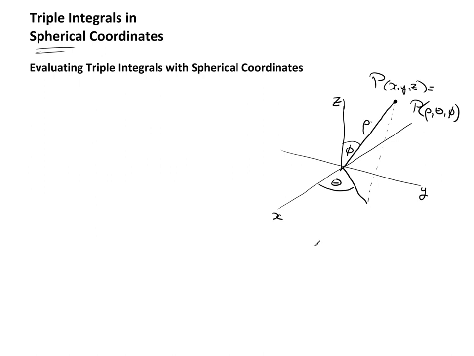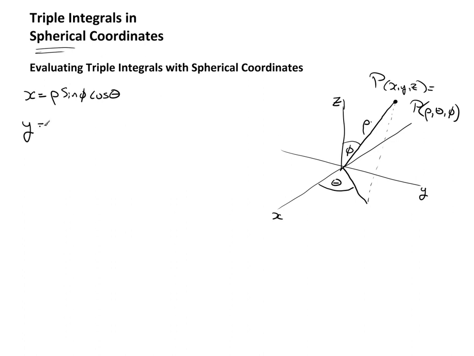Now, in terms of translating from rectangular to spherical coordinates, x, y, and z will now be: x, and you can see from the diagram, is going to be rho sine phi cosine theta.